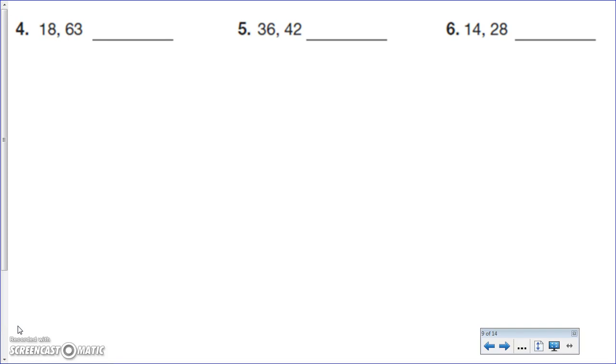Next, we're going to continue the process with 18 and 63. So we're going to create lists of the factors for both numbers.